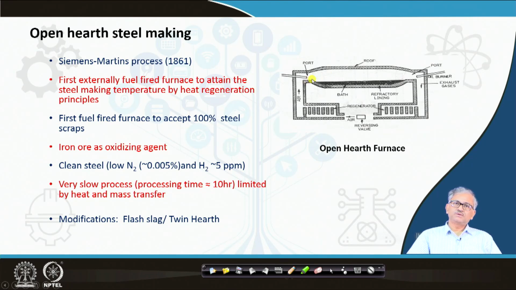That's why they made a port here at the top that is called the flash point. When the slag exceeds that point, then it will automatically flash off from the furnace. As a result, the liquid height will remain constant, the slag height will remain constant. So the flash slag technique was introduced.